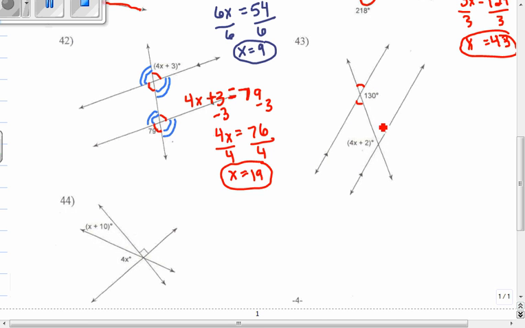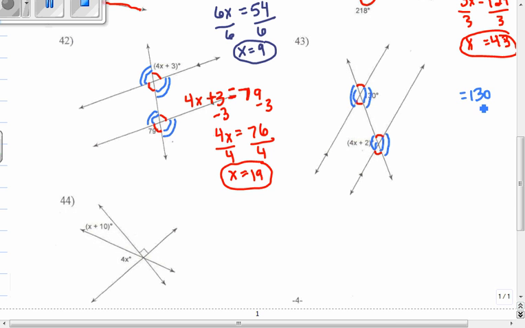Okay, once again, mark angles. Do the two angles that we care about have the same mark or different marks? The same. Once again, they're the same.